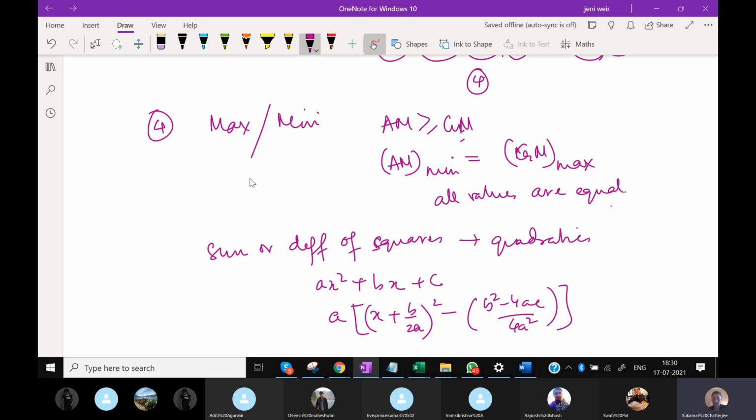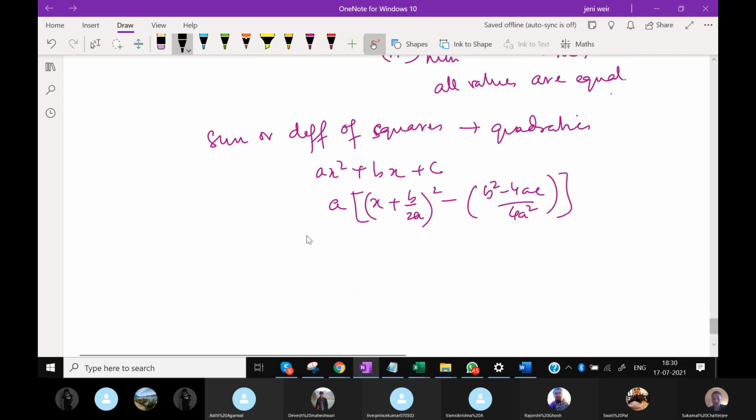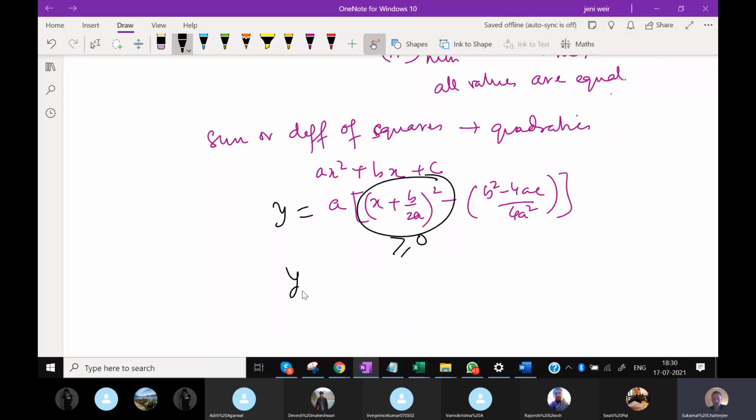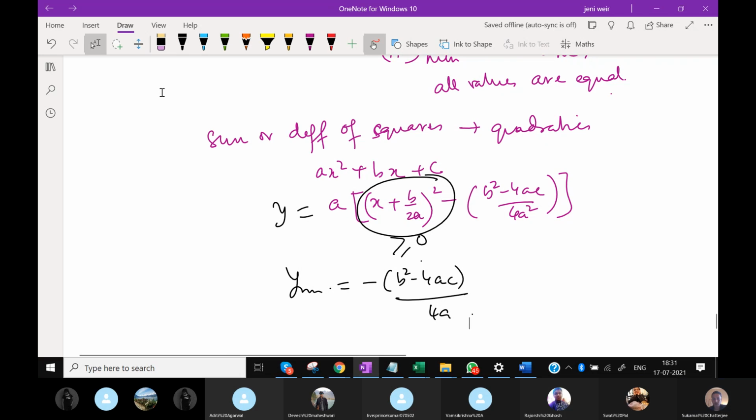So that means this will always be greater than or equal to 0. That means the minimum value of y will happen when this is equal to 0, and that will be minus of b square minus 4ac by 4a. This is the way you find out maxima or minima in this case.